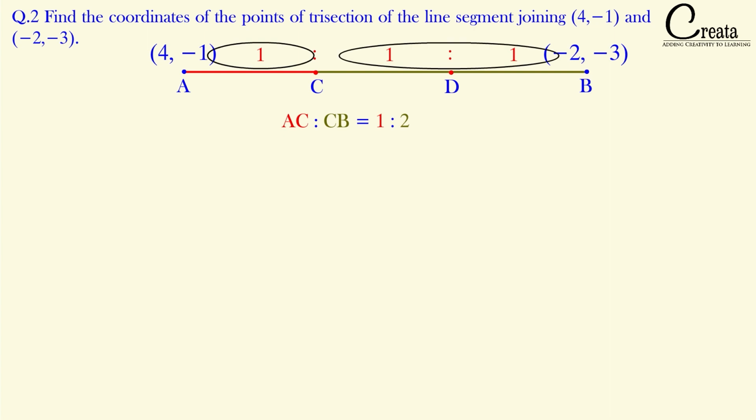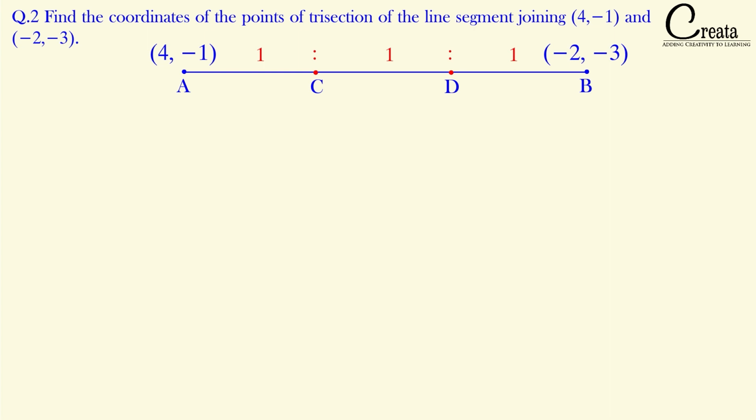AC is 1 and CD plus DB, that is CB, is 2. So by combining the 3 segments of this line AB, we can get various ratios and we can use these ratios and the section formula to get the coordinates of points C and D. So let's see how we approach this question.